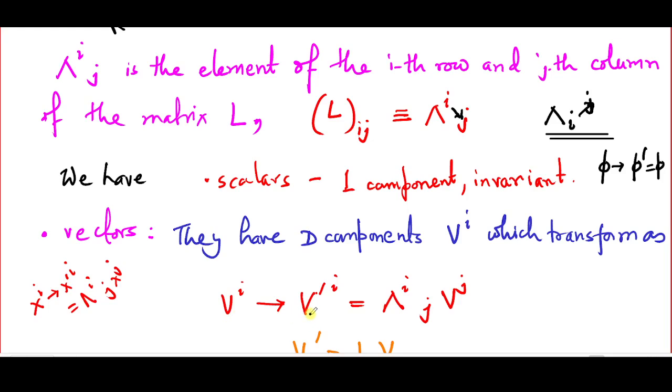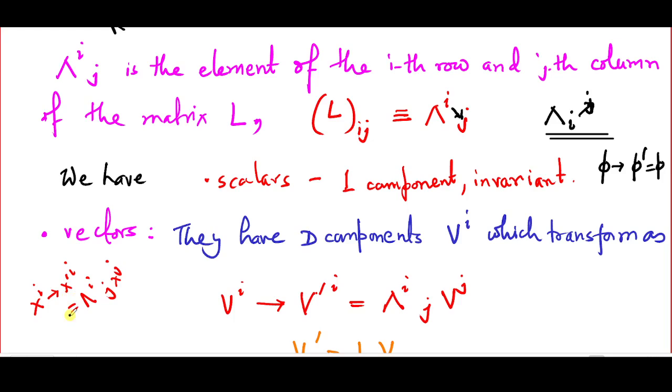vi becomes v prime i, which is equal to lambda ij vj. Note that the coefficient lambda ij in front of vj in the expression for v prime i is exactly the same as the coefficient in front of xj in the expansion for x prime i. So exactly the same coefficients as the coordinates.